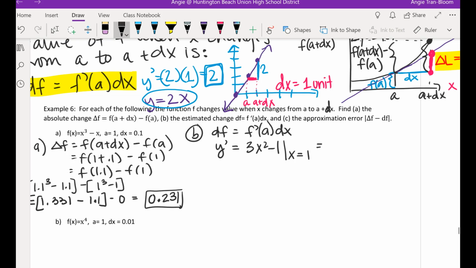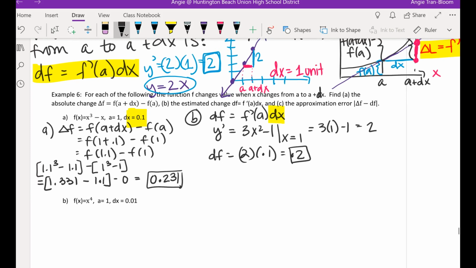So this is going to come out to be 3 times 1 minus 1, which is going to be 2. So df is 2 times 0.1, which is dx. Remember, dx is given to you right here. So that will give me 0.2. So the approximated value is 0.2, and the actual change is really 0.231. As you can see, it's a small gap.